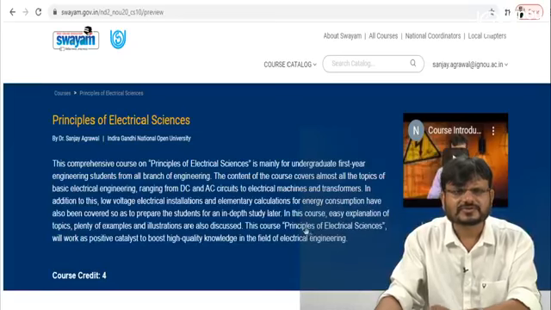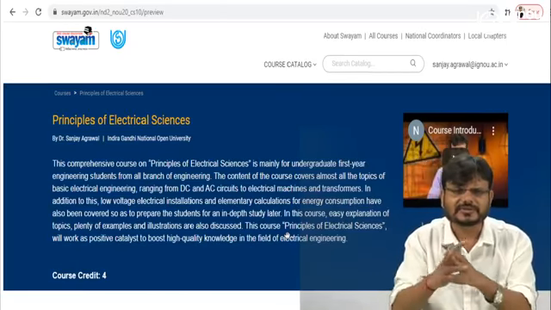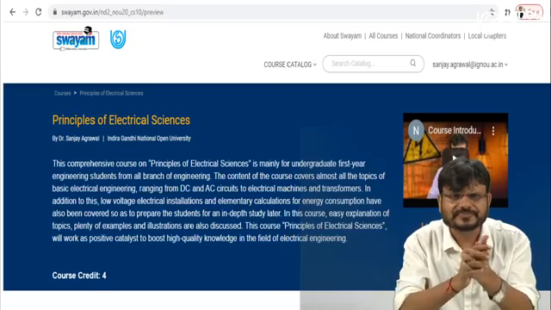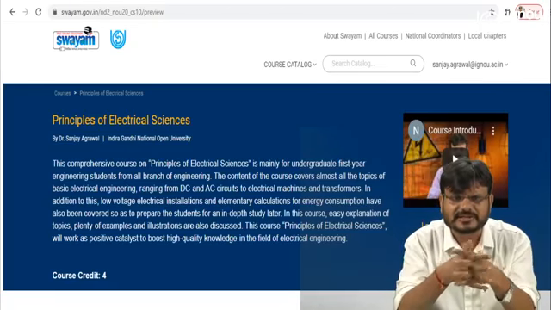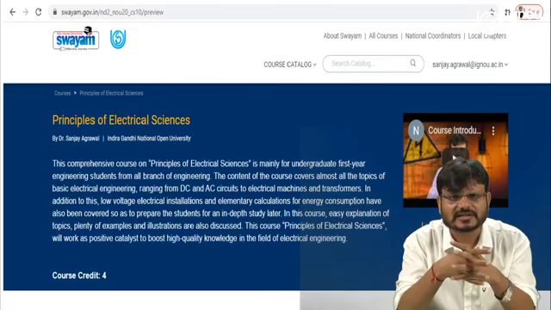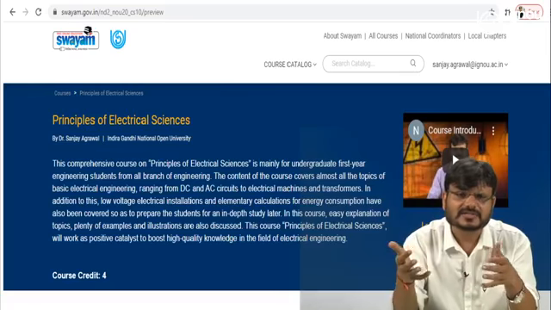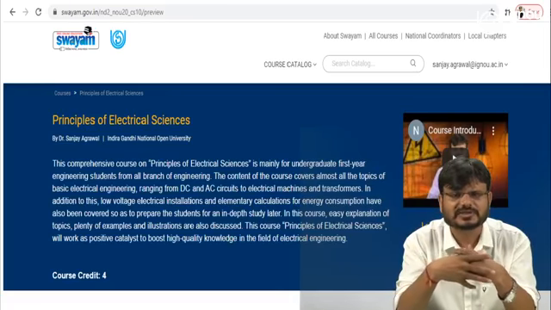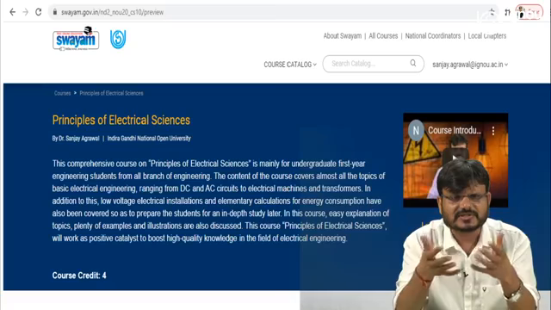94.86%. So dear learner, in this particular session we have discussed the different types of losses, that is the power losses, basically iron losses and copper losses, and iron losses are the eddy current losses and hysteresis losses. Then we have discussed how to find out the efficiency of the transformer, which is basically output upon input.